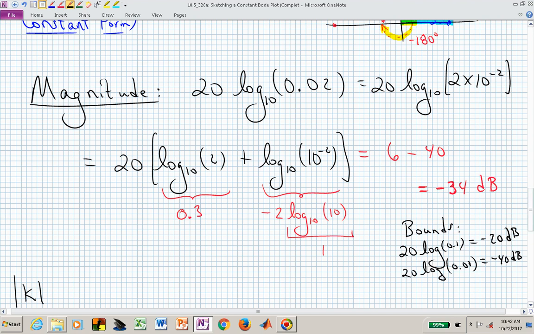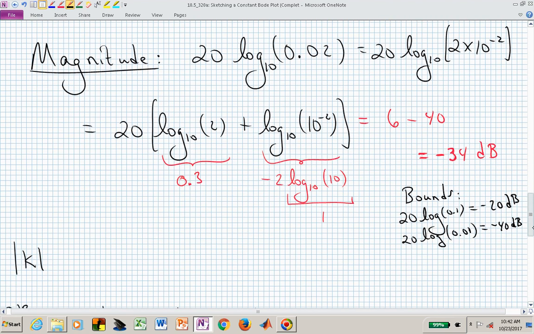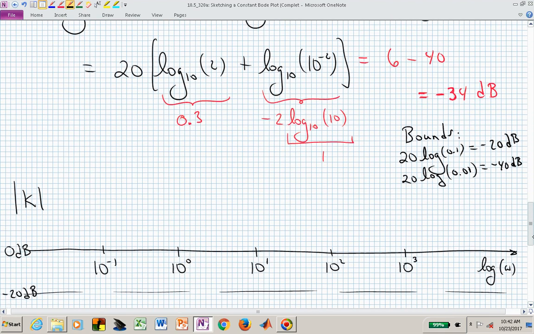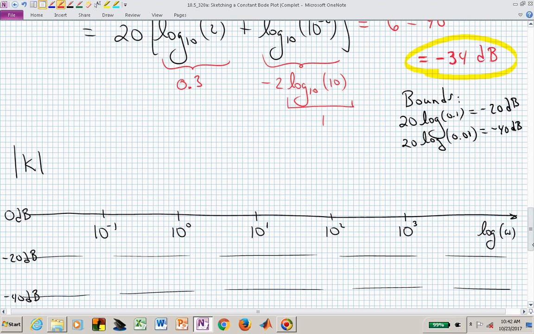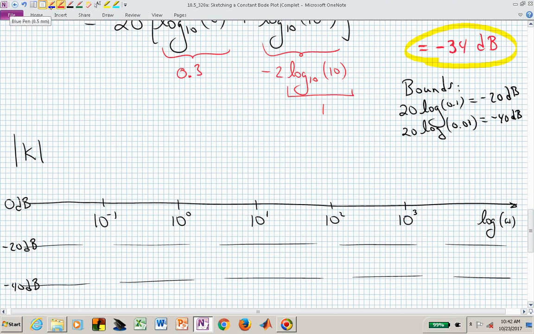So now we want to sketch that as a function of frequency. We want to draw minus 34 dB, and you can see in that number, it's just a number. There's no omega anywhere in that expression. So now we simply draw that minus 34.